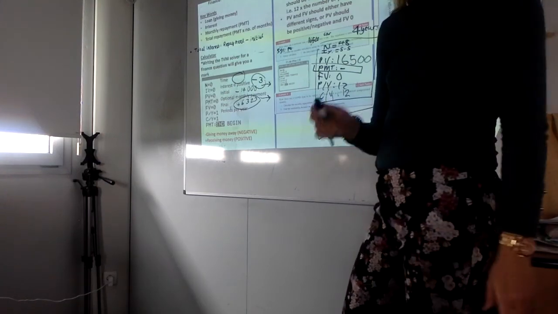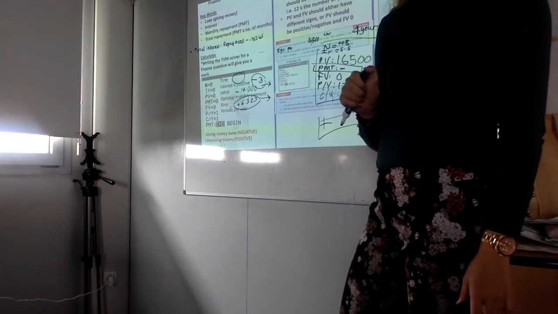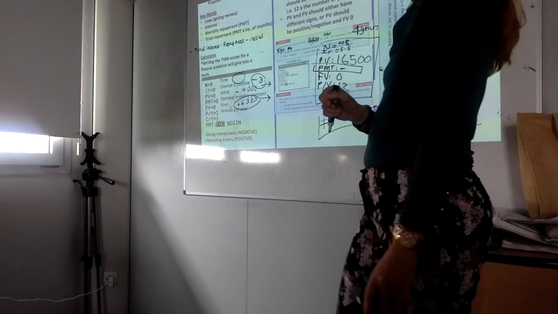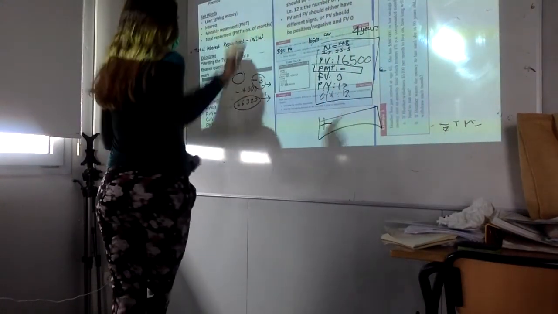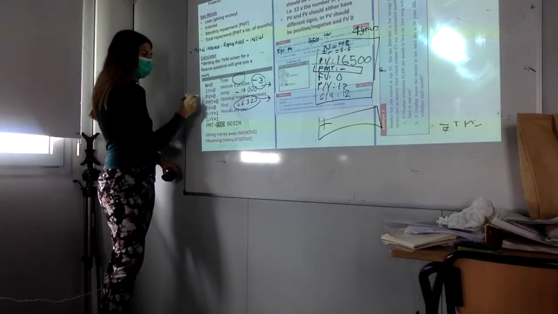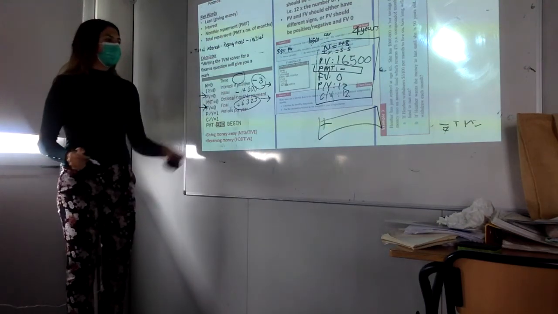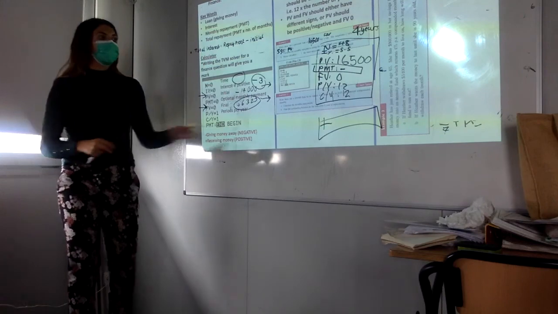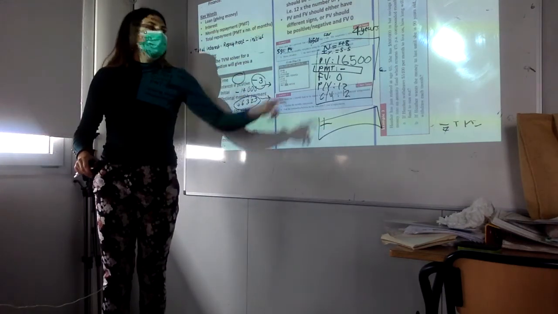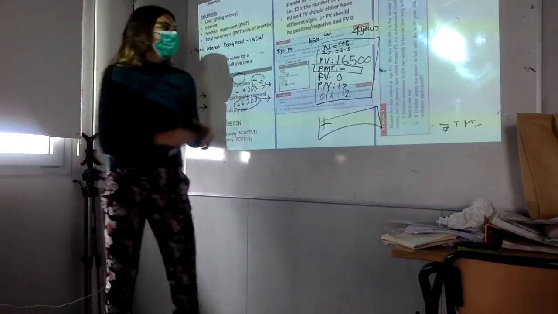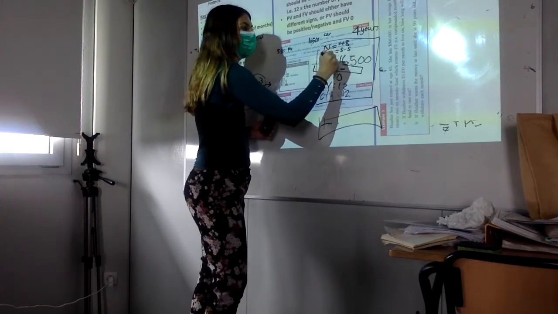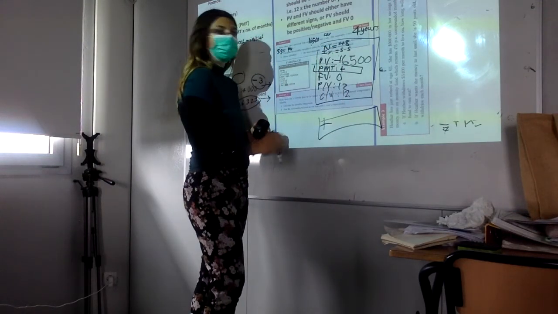Miss, I was looking through it with Miss Diaz. It doesn't matter if it's negative or positive in the calculation. Be careful, because when you're doing PV and FV, one will always be negative and one will always be positive unless it's a loan. If this is negative, this will be positive.